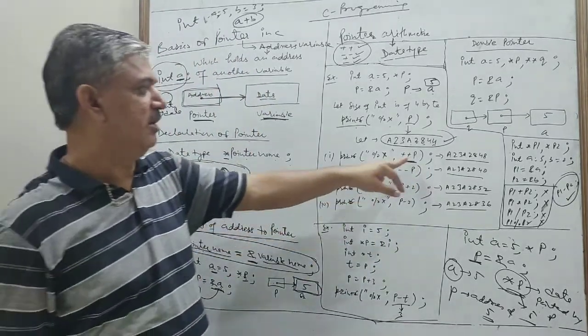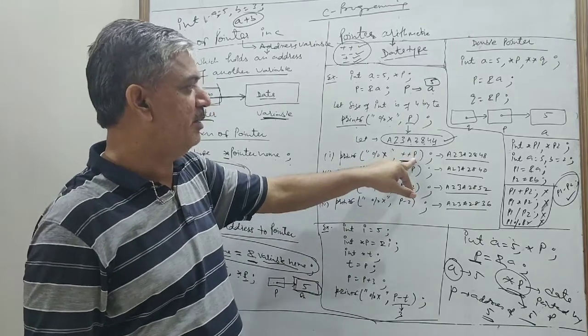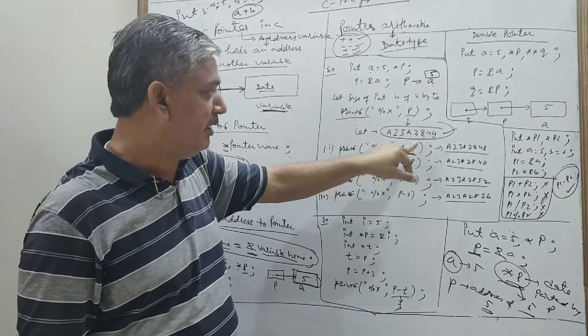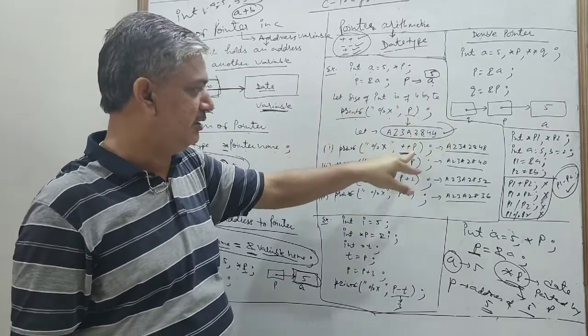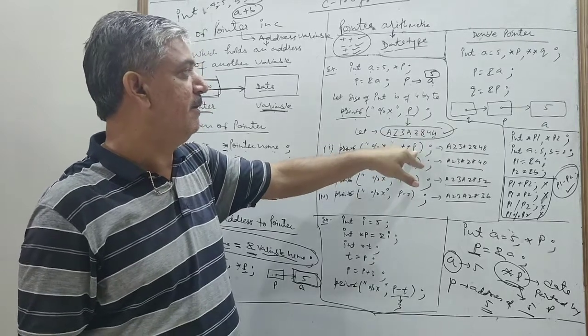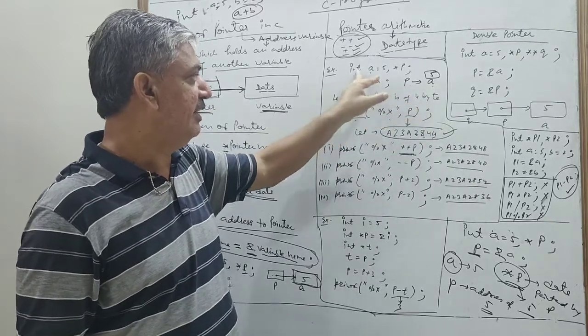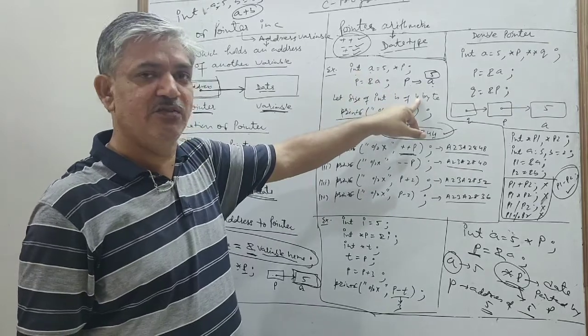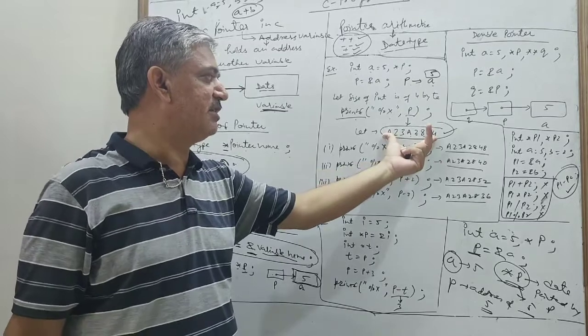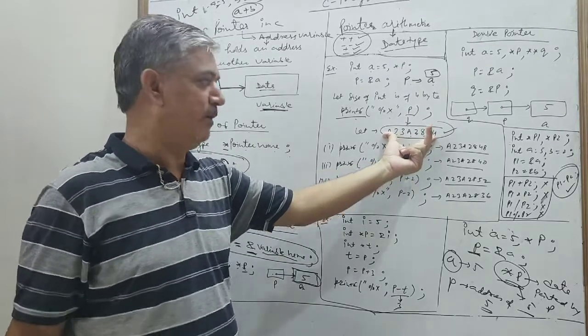++p means applying the increment operator on p. Increment of p is not according to data, it is according to data type. The size of this integer data is 4 bytes, so ++p means incrementing this address by 4. So what will we get?